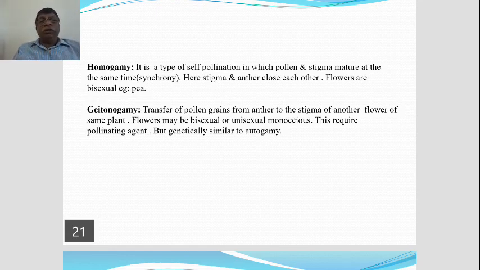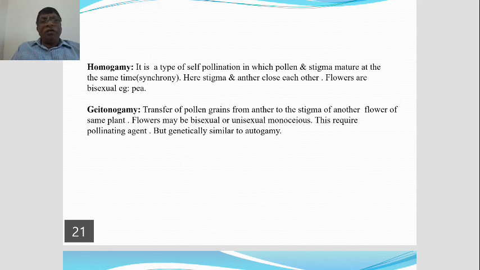Next, geitonogamy. There is a difference between homogamy and geitonogamy. Listen carefully. Transfer of pollen grains from the anther to the stigma of another flower of the same plant is called geitonogamy.